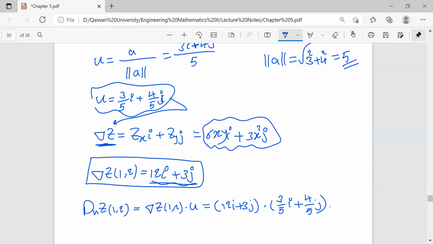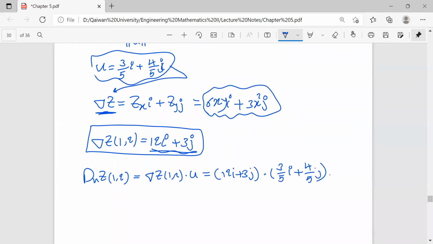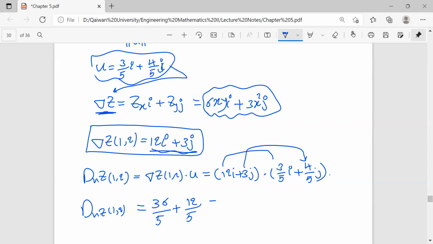Here we multiply I component to I component plus J component to J component. That's all. So duz at 1 and 2 equals 12 times 3 over 5, it's 36 over 5, plus 3 times 4, 12 over 5. This equals 48 over 5.